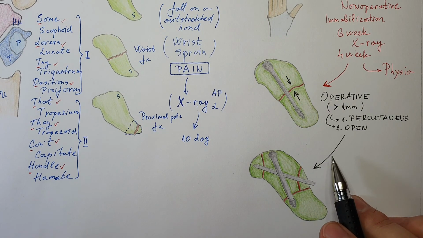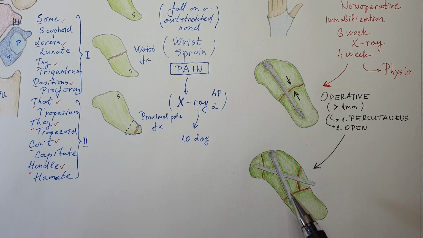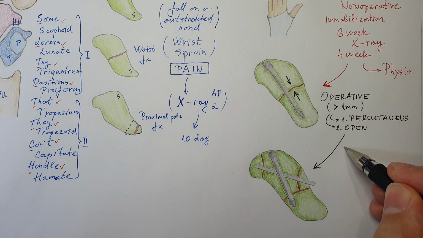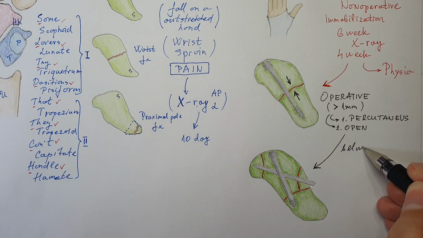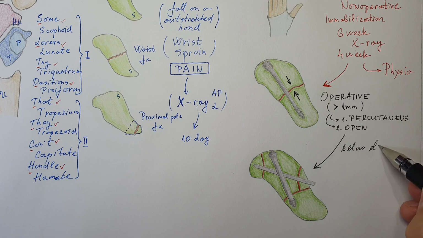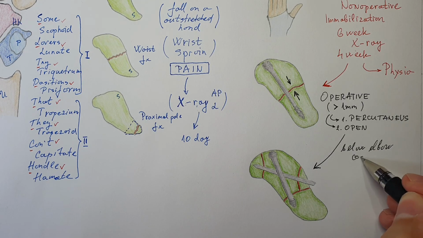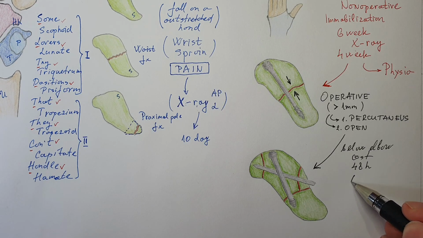If there is an operation, the patient's arm is put into a below elbow cast for 48 hours, and after that we will do an X-ray control.